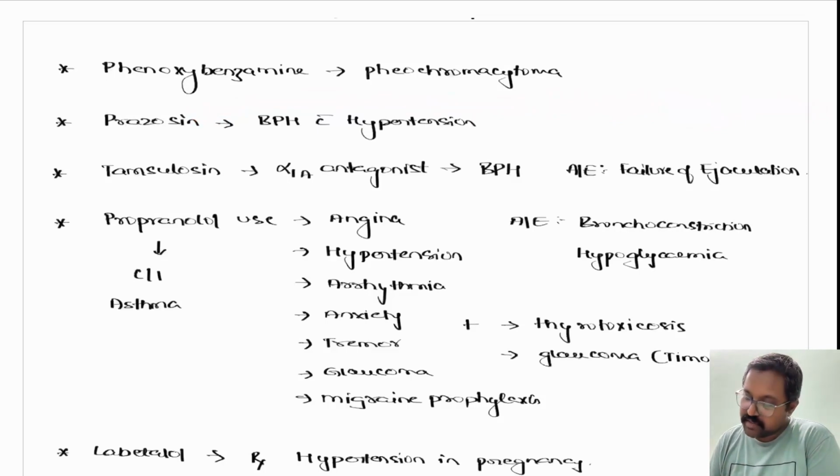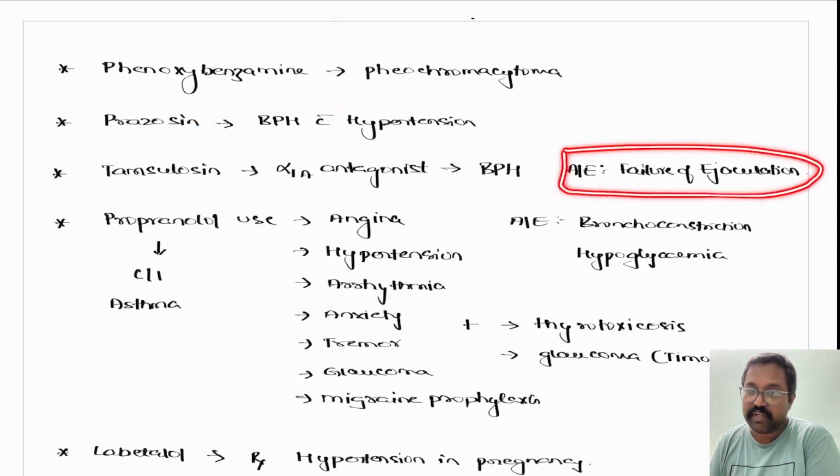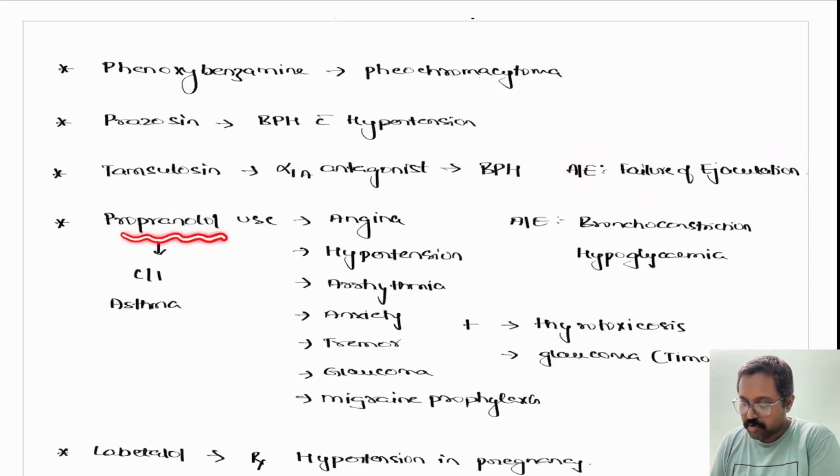So what are the adverse effects of alpha blockers? Alpha blockers will lead to failure of ejaculation. So what are the uses of propranolol? Propranolol is a non-selective beta blocker.